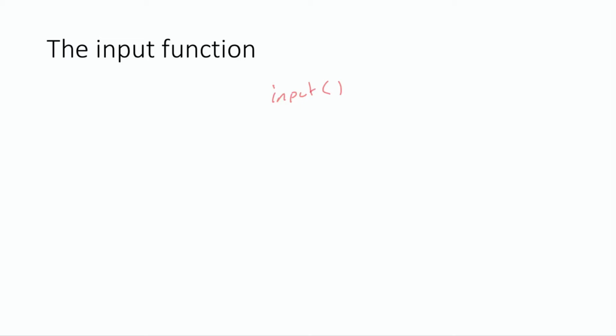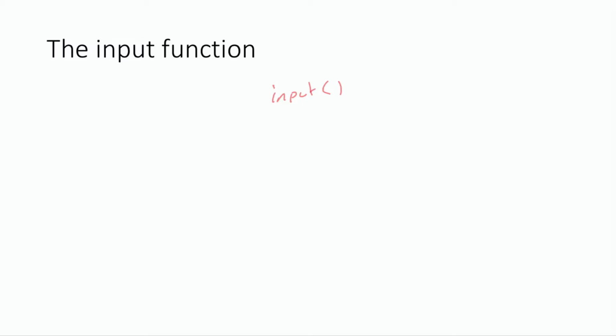When you run your program and Python gets to this line of code, it's going to stop the execution, and it's going to wait for the user to type something in. Then the user is going to type in whatever they're going to type in, and then they hit enter. And when the user hits enter, whatever the user typed in will be passed back as the result of this function, and then the program will resume execution.